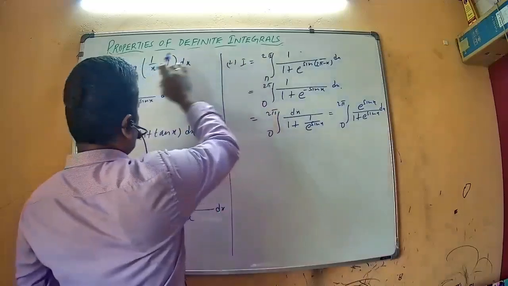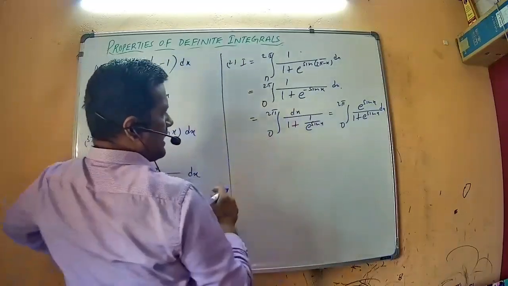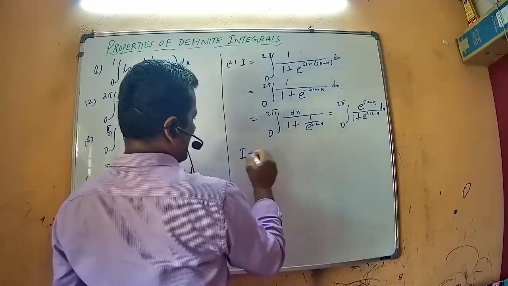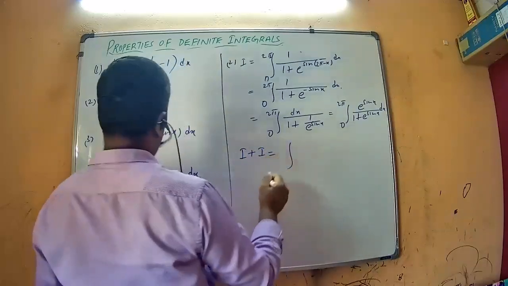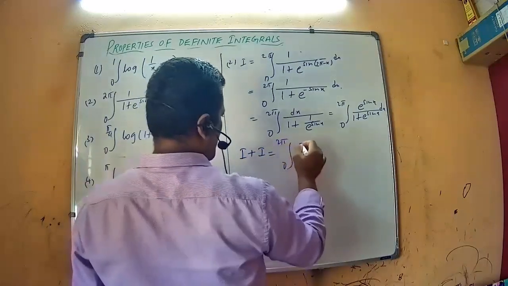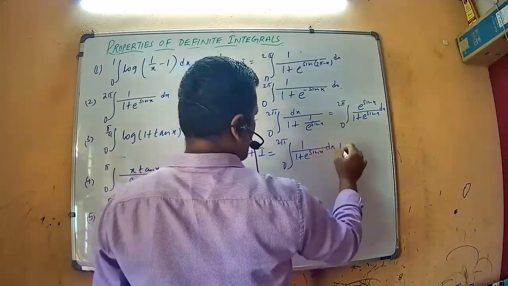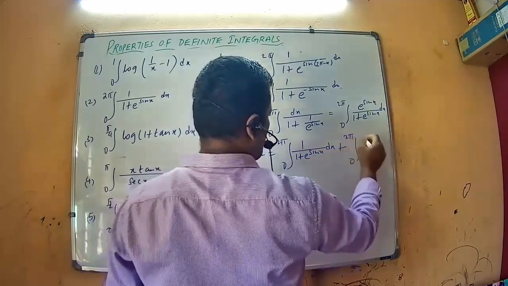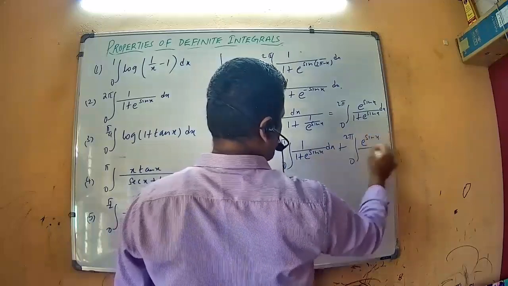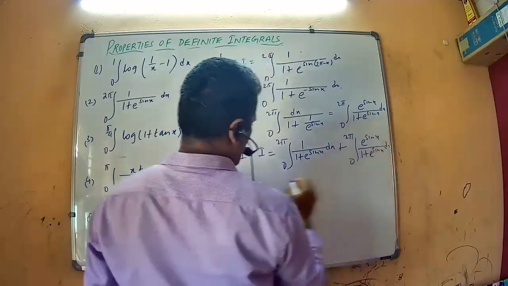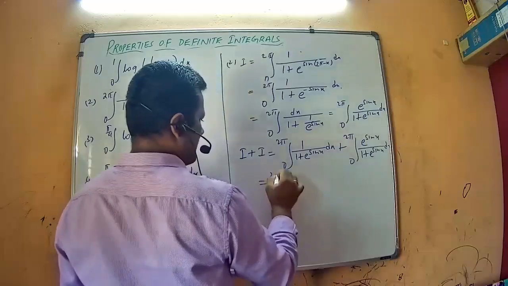This is I and this is also I. Add I and I. So I plus I is equal to the integral from 0 to 2 pi of 1 by (1 plus e power sin x) dx plus the integral from 0 to 2 pi of e power sin x by (1 plus e power sin x) dx. Now you can take the LCM by combining.